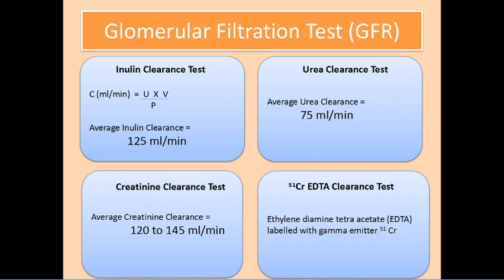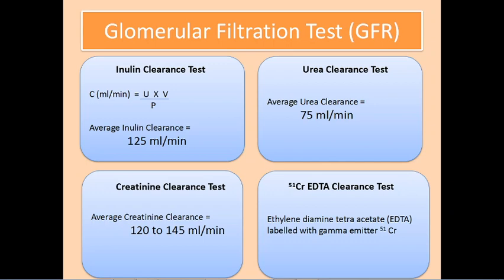Then standard clearance. When the urinary volume is less than 2 ml per minute, the rate of urea elimination is reduced. So relatively more urea is reabsorbed in the tubules, and this is proportional to the square root of the urinary volume.